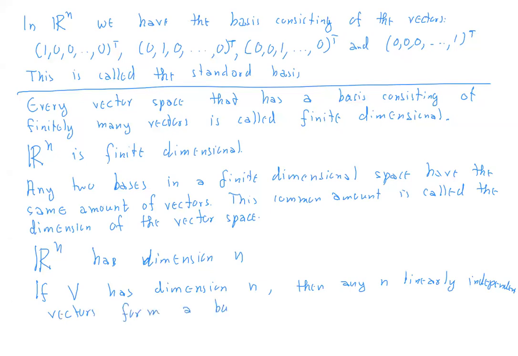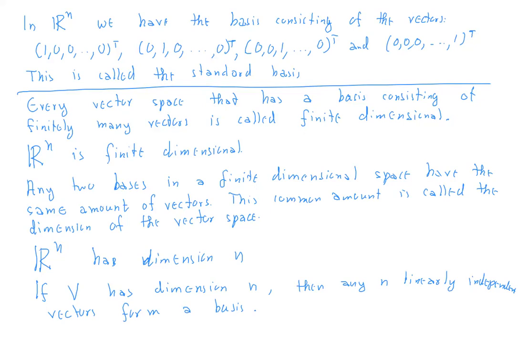So if you can find 3 linearly independent vectors in R3, they're a basis automatically. If you come across 4 linearly independent vectors in R4, they're a basis, no questions asked.